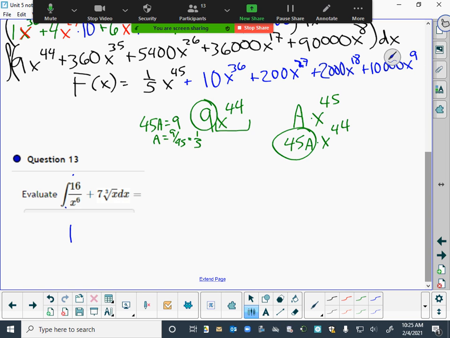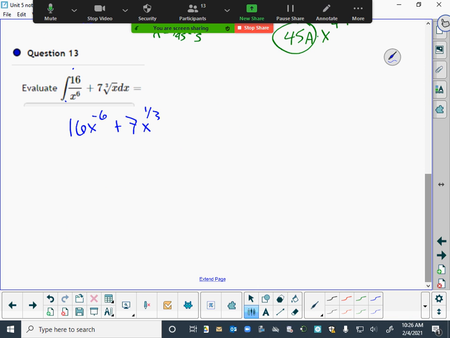Okay. So we'll rewrite this as 16x to the negative 6 plus 7x to the 1/3. And so if we want the capital F again, using the power rule, this is where we have to be a little bit careful, because if I ended up with an x to the negative 6, by subtracting 1 from the power, then it must have been an x to the negative 5th to begin with.